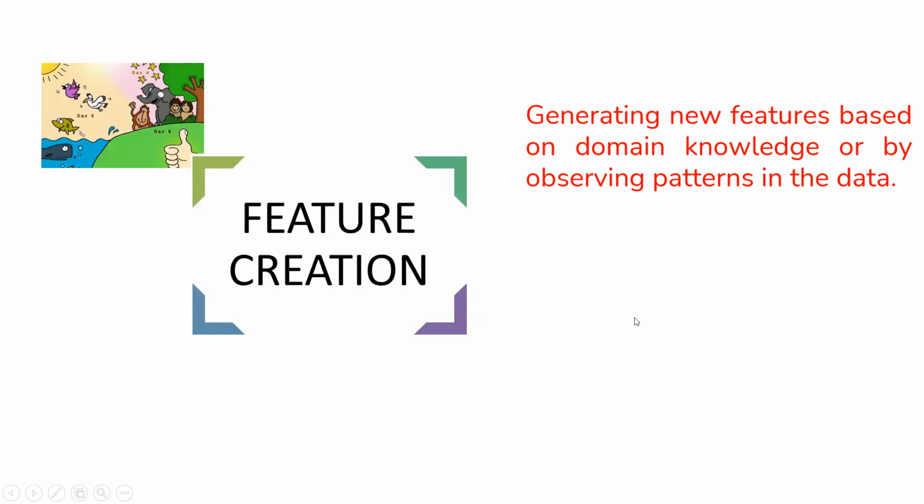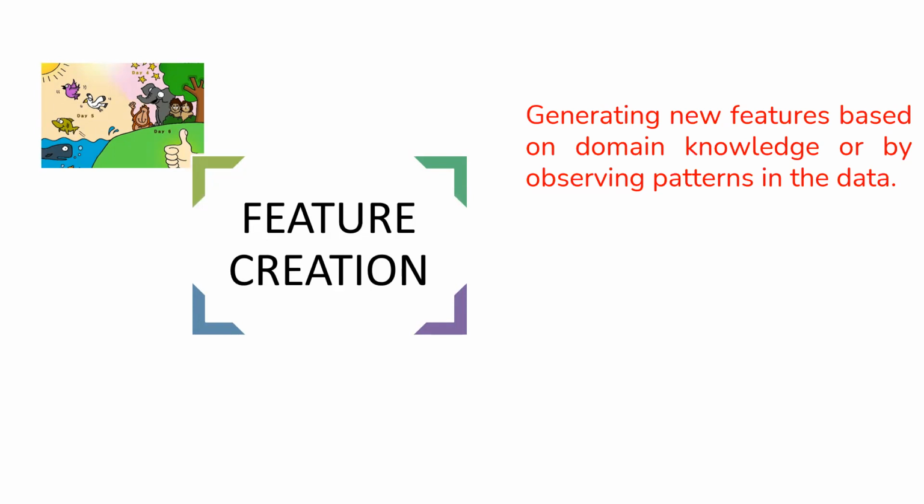Feature creation is the process of generating new features based on domain knowledge or by observing patterns in data. We generate the features based on either the domain knowledge or by finding patterns in the data.